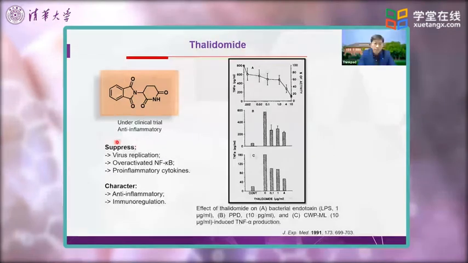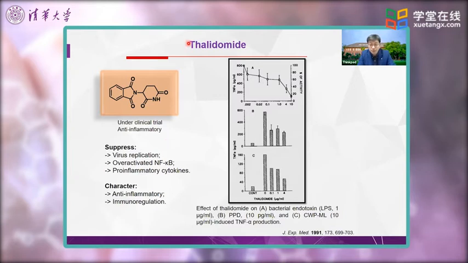It has been used in clinical trials for anti-inflammatory treatment. Thalidomide can suppress virus replication. Also, it was believed it can suppress overactivated NF-kappa B and suppress pro-inflammatory cytokines. For this reason, it can be used as an anti-inflammatory drug, as well as an immunoregulator.